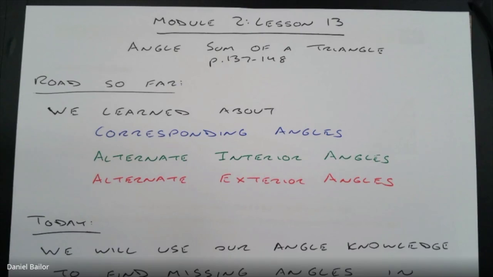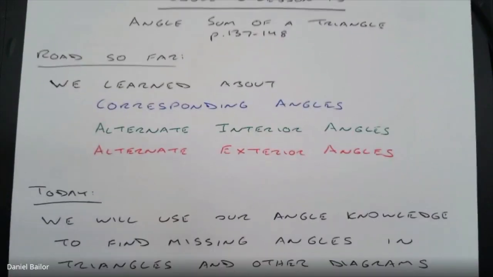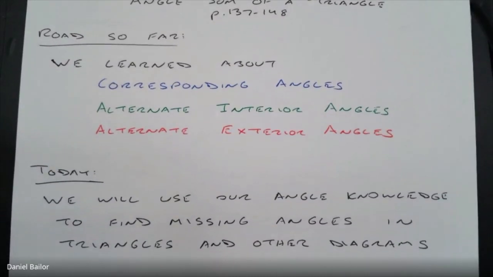We're going to use that information today to find missing angles. We're going to use corresponding angles, alternate interior angles, and alternate exterior angles to find missing angles in triangles and other diagrams. That is what we're doing today. We're using our knowledge that we learned in Lesson 12 to find missing angles in diagrams.